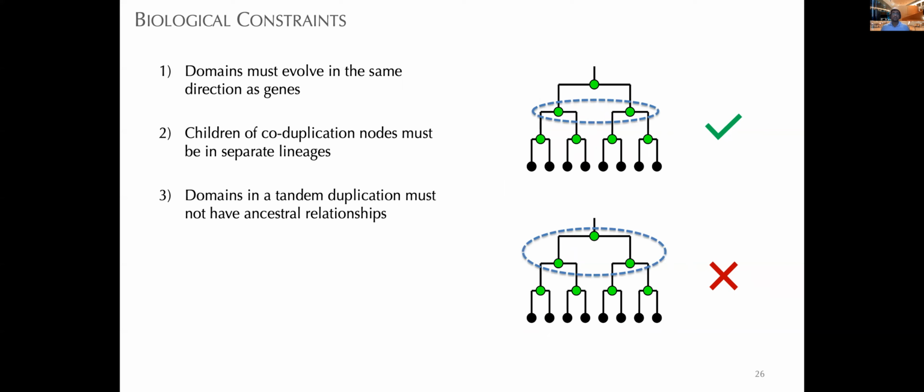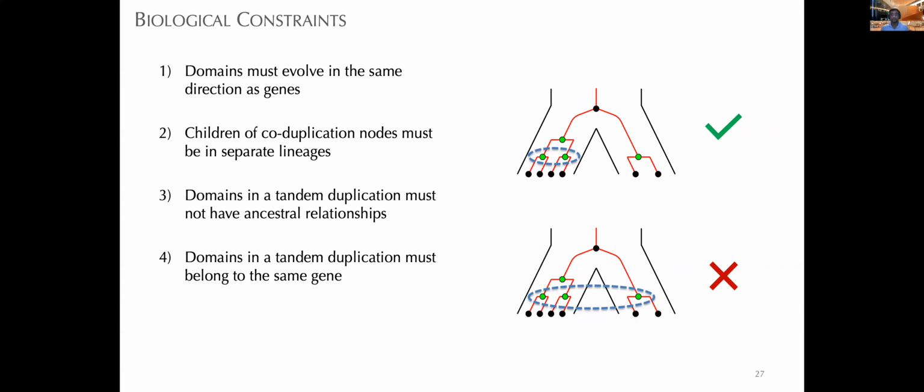The next three constraints have to do with duplication sets. Constraint 3 says that no domain in a group can be an ancestor of another domain in that same group. The fourth constraint says that all domains in a duplication set must be mapped to the same gene.